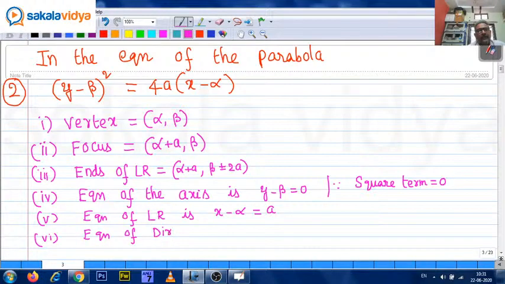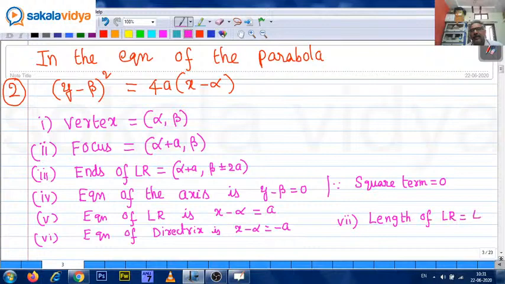The directrix is parallel to this one, passes through minus a comma 0. That's why x minus alpha is equal to minus a. Next, seventh point is the length of latus rectum. The length of latus rectum, LR, is always 4a in all cases. Any case that is 4a. Understood now?